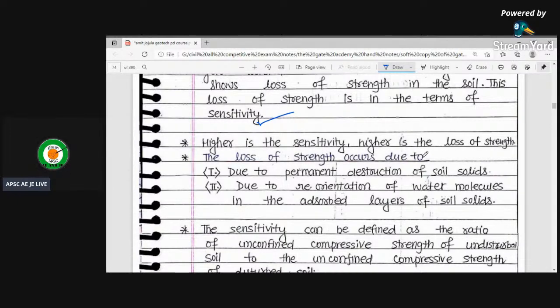The loss of strength occurs due to permanent destruction of soil solids. Soil solids বিলাকৰ permanent destructionৰ কাৰণে loss হ'ব পাৰে due to the reorientation of water molecules in the absorbed layer in the soil solids. যদি water molecules বিলাকৰ reorientation হয় due to the structural disturbance, তেতিয়াও আমাৰ কি হ'ব পাৰে, loss of strength হ'ব পাৰে, or permanent destructionৰ কাৰণে হ'ব পাৰে.